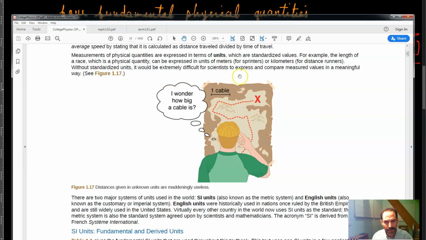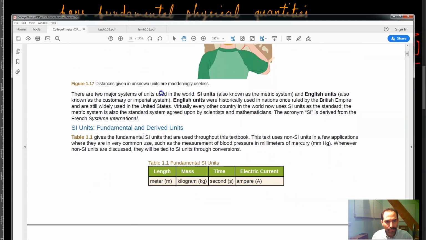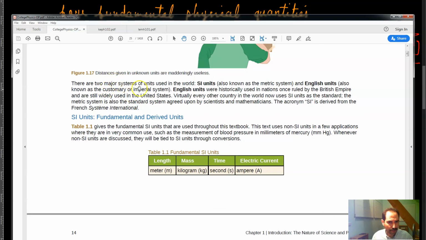So, for the same reason, these units have to be standardized units, meaning in such a way that everybody understands them. So there are 2 major systems of units used in the world: the SI unit, also known as the metric system, and the English units, also known as the customary or the imperial system.